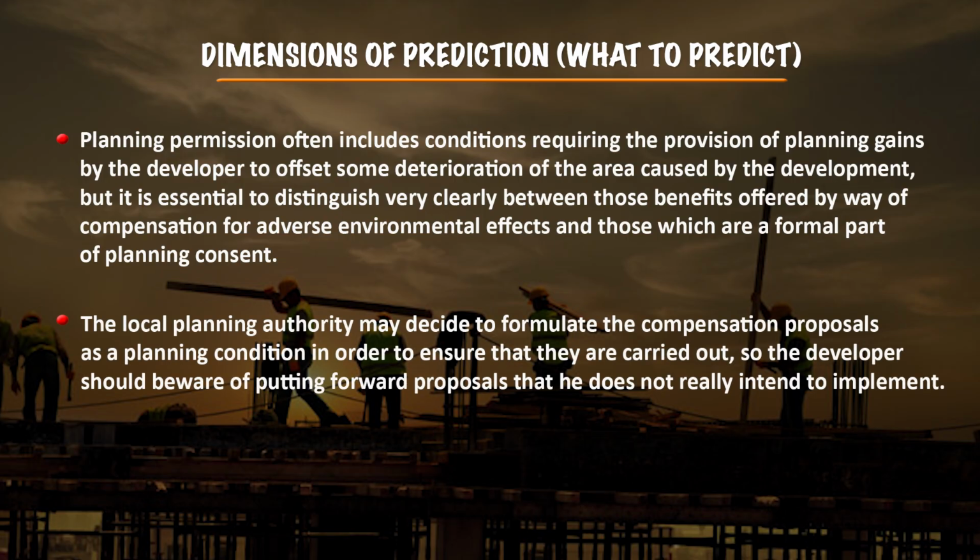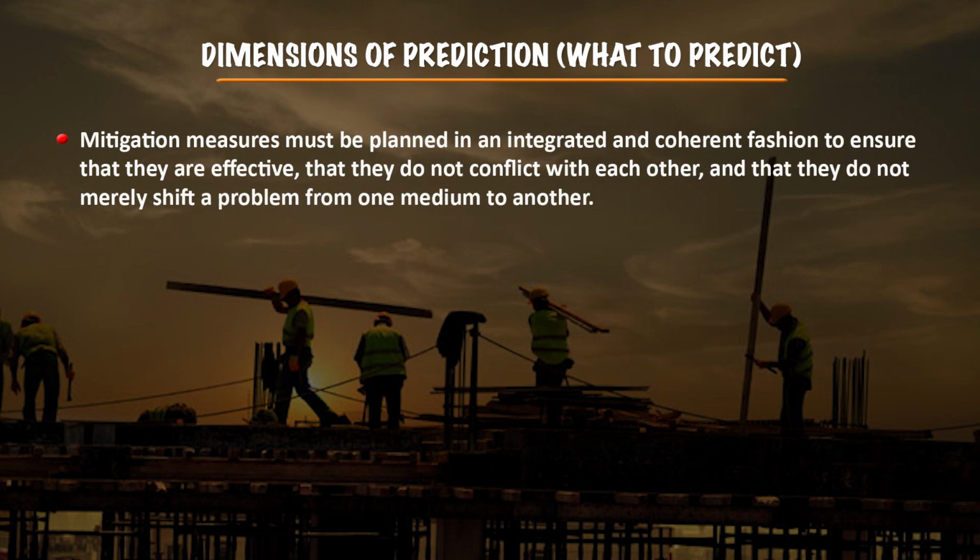The local planning authority may decide to formulate the compensation proposals as a planning condition in order to ensure that they are carried out. So the developer should beware of putting forward proposals that he or she does not really intend to implement.